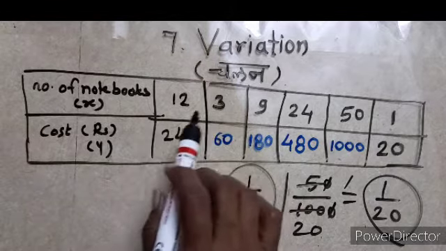Change the sides. 154 divided by 7 is equal to k. This gives us 7 1s are 7, 7 2s are 14, 7 2s are 14. K is equal to 22. This is the constant of equation.